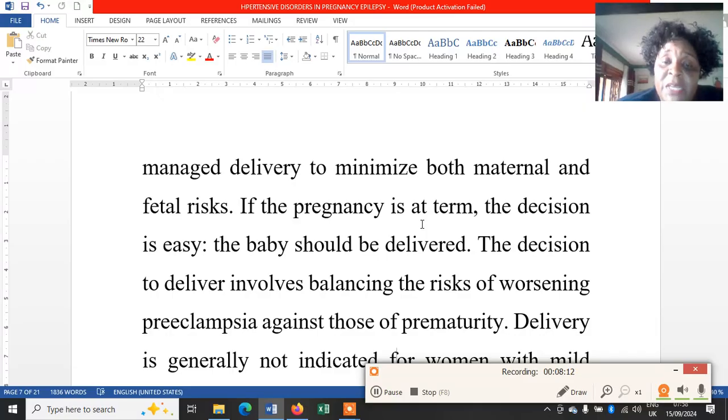And if this pregnancy is at term, the decision is easy. The baby should be delivered. The decision to deliver involves balancing the risks of worsening pre-eclampsia against those of prematurity. So here we said that pre-eclampsia predisposes this mother to multi-organ failure.